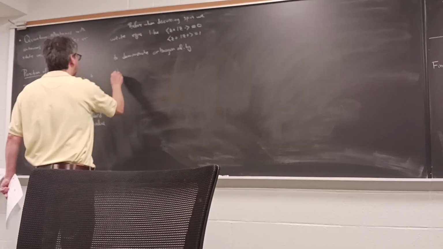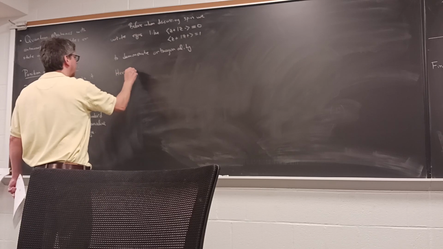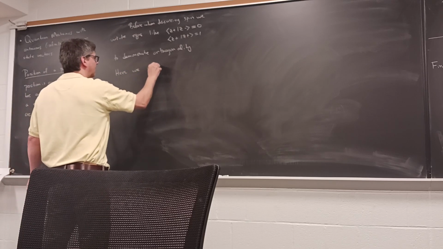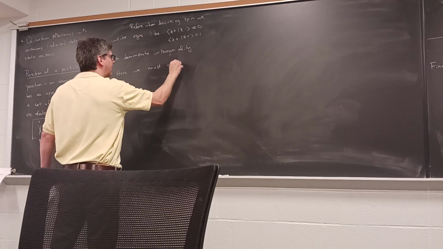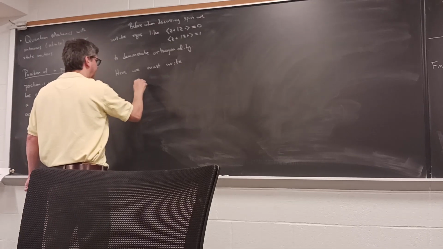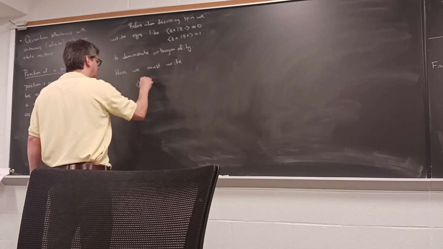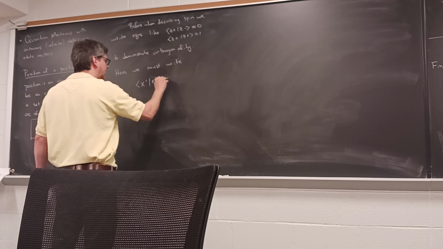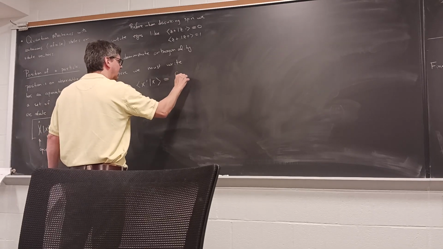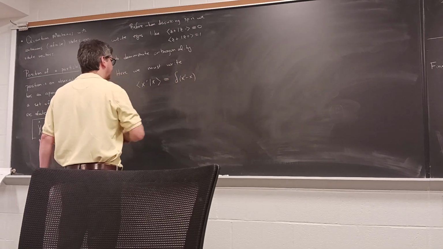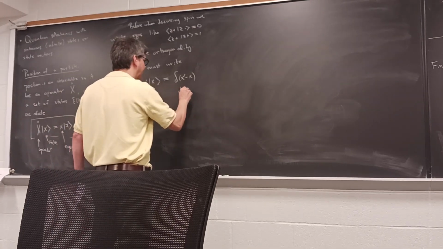Here, we have to write things like <x'|x> is equal to delta(x' minus x), okay, where this is the Dirac delta function.